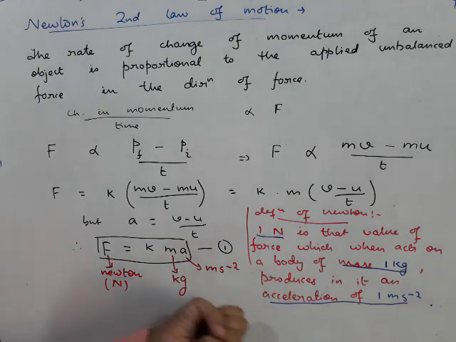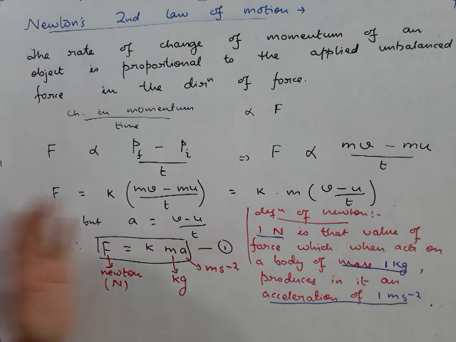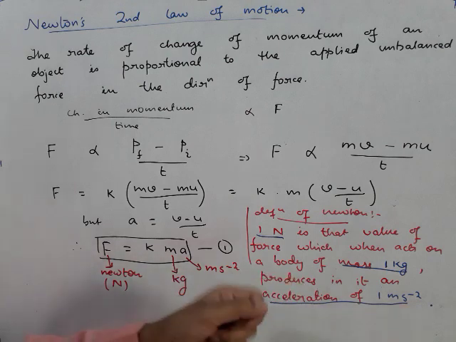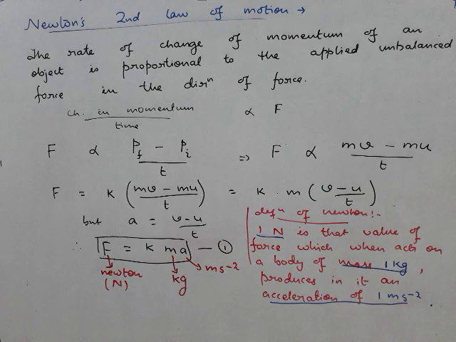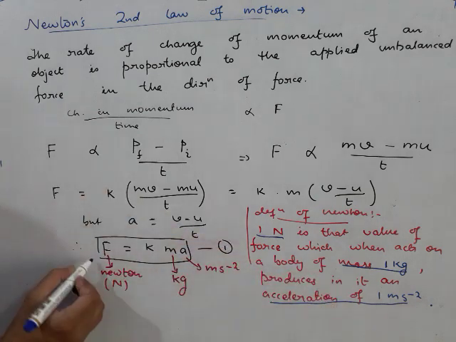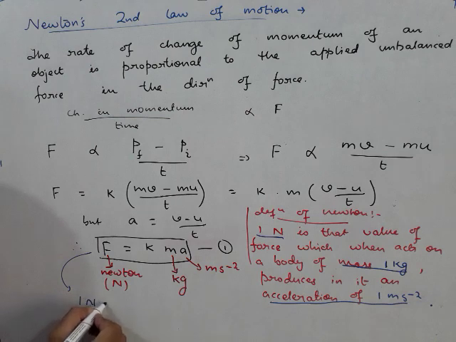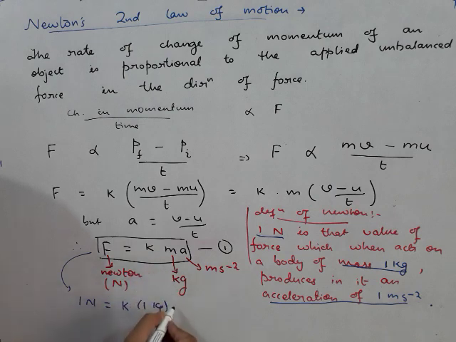If there is a body of mass 1 kg and if we apply a force such that that body accelerates at 1 meter per second square, then the force which you are applying is how much, students? That is 1 Newton. Now if you put these values in this equation, force will be 1 Newton, K is K, M is 1 kg, and A is 1 meter per second square.